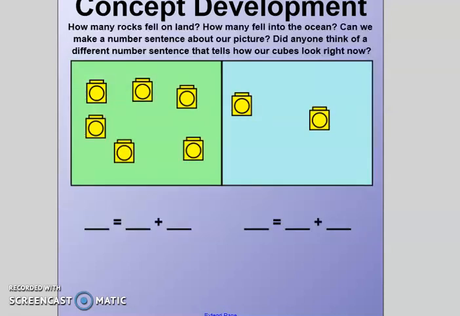Wow! So how many rocks, space rocks, fell on land? 1, 2, 3, 4, 5, 6. Okay, so I'm going to write a 6 over here just to help me remember. If you want to draw 6 space rocks on one side, go ahead. Or if you just want to put 6 of your objects to one side, go ahead.